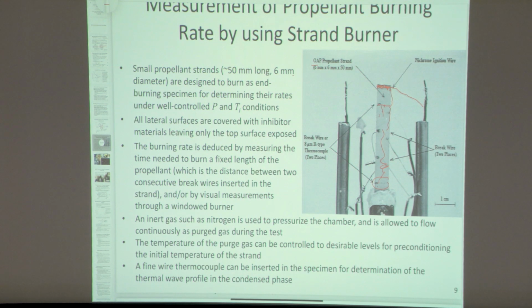And then a fine wire thermocouple can be inserted in the specimen for determination of the thermal wave profile in the condensed phase. As I showed you before, it is a complicated measurement.